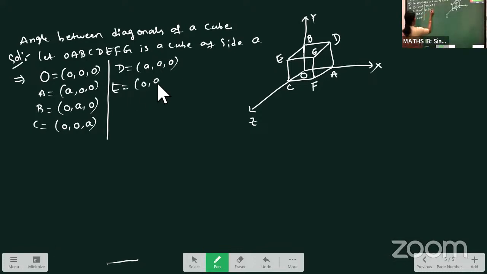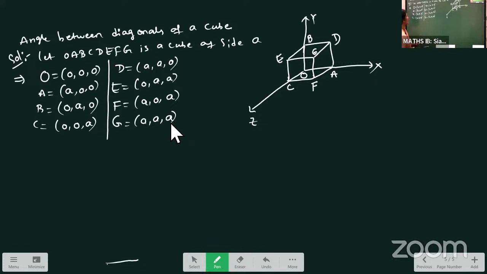So 0, A, A. Next, take F. F is between x and z, so y will be 0 here: A, 0, A. Fine. Now, G. G is between all three, so G is equal to A, A, A.